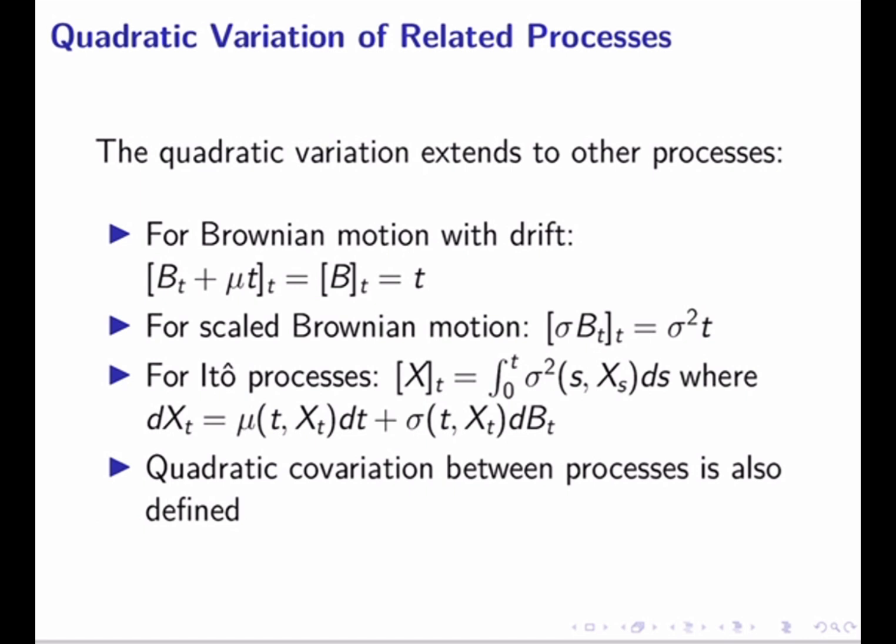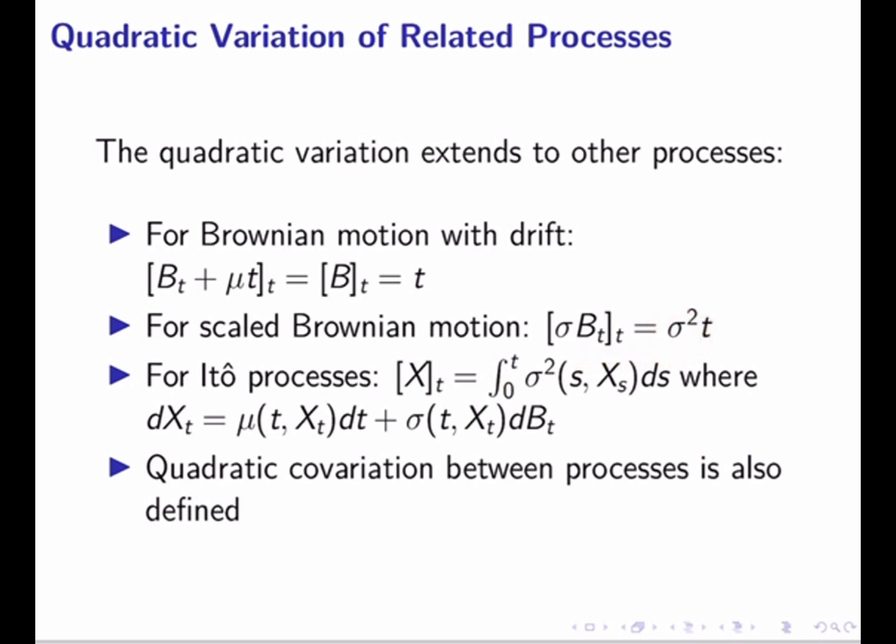The concept of quadratic variation extends to other stochastic processes related to Brownian motion. First, adding a drift term does not change the quadratic variation. Scaling Brownian motion by a constant scales its quadratic variation by the square of that constant.